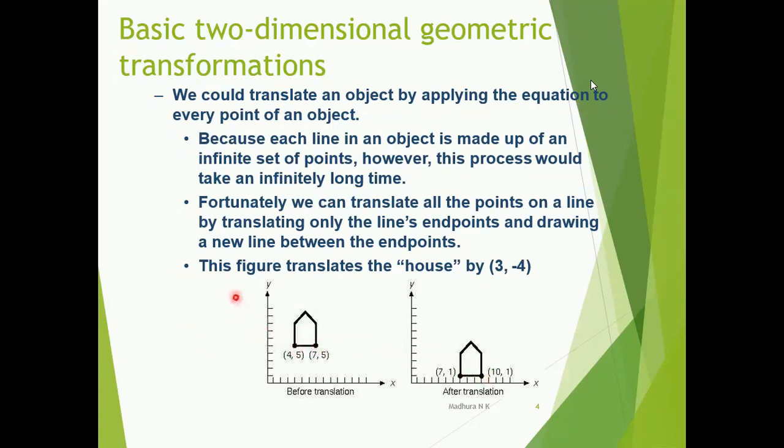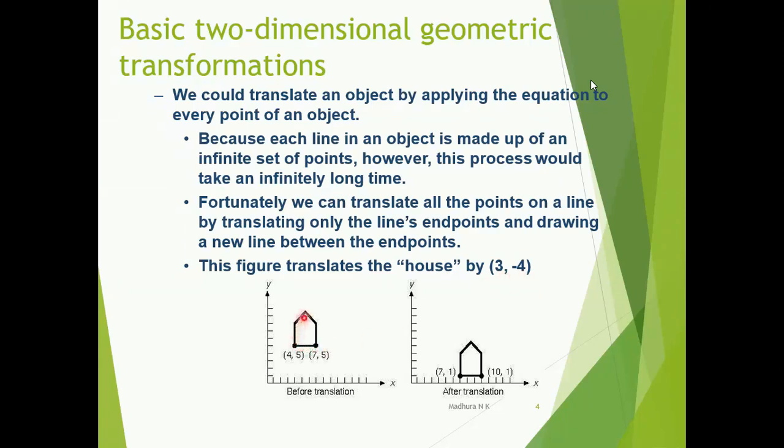So let us see this figure that translates a house by 3 comma minus 4. They have given 3 comma minus 4, which is actually the translation distance, you can say the tx and ty values.